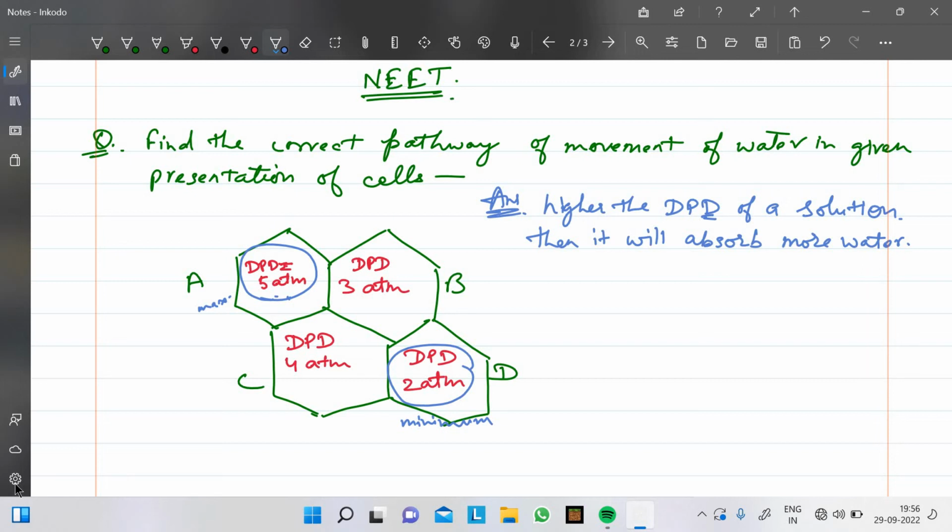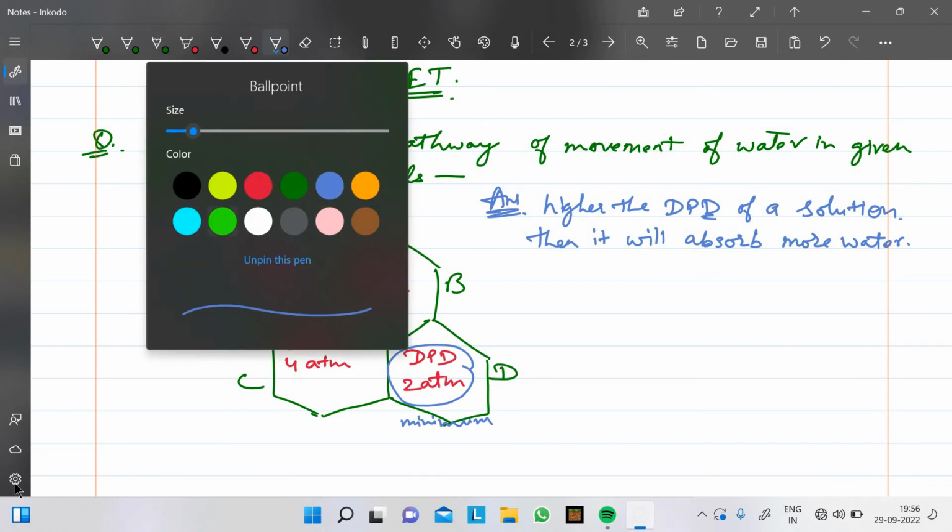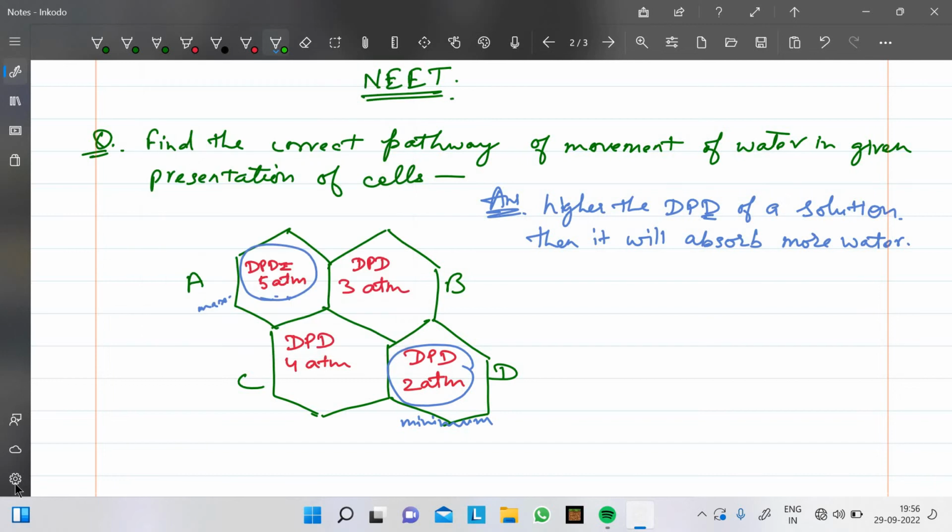From cell D, water will move from cell B, movement of water. Because it has lower DPD, it has higher DPD, it will drag the water from this cell. Clear?